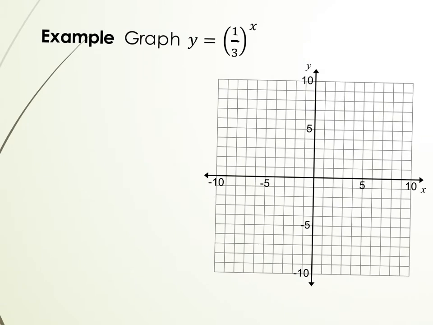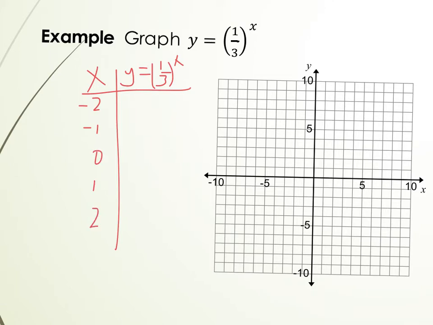If we look at the next type of problem, we're going to graph y equals 1 over 3 to the x power. Same kind of thinking. We're going to start off with an xy table, and we're going to use the same x values we've used today so far. If we take 1/3 to the -2 power, remember it's like saying 3 squared, which would be 9.